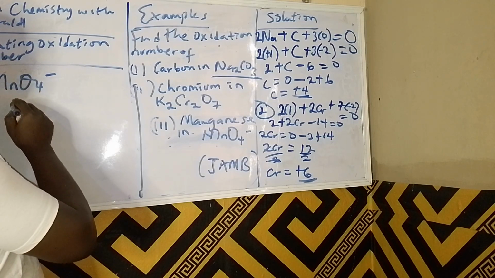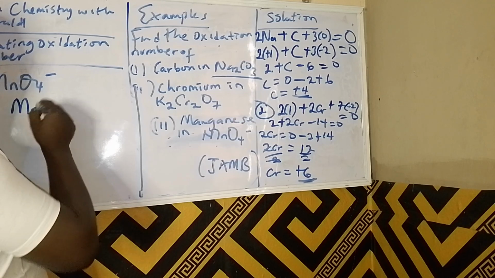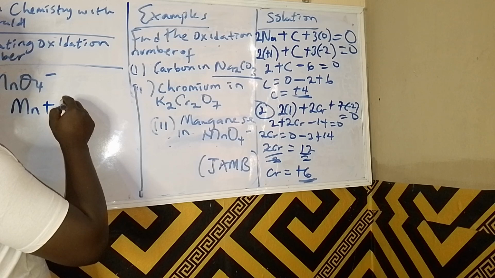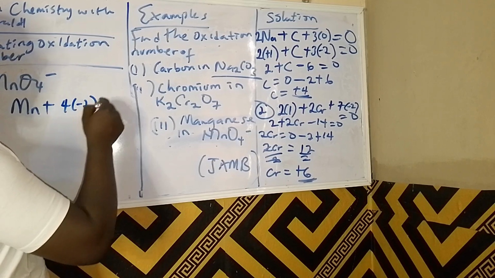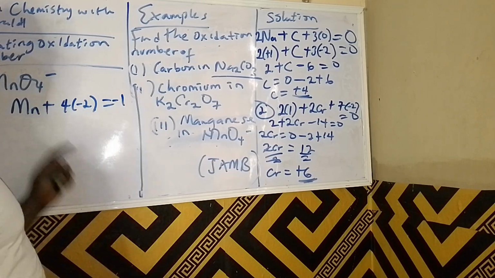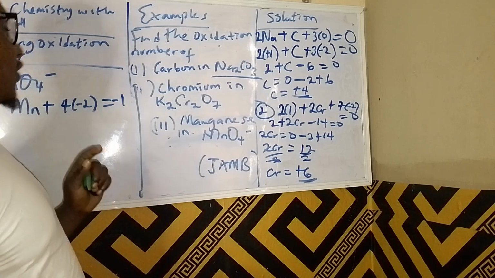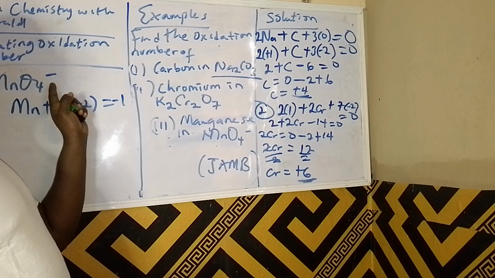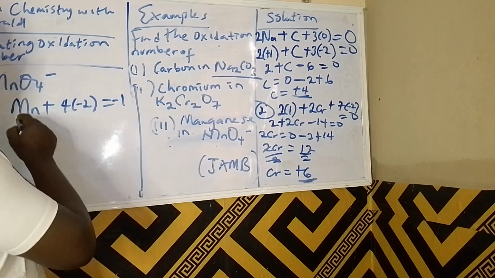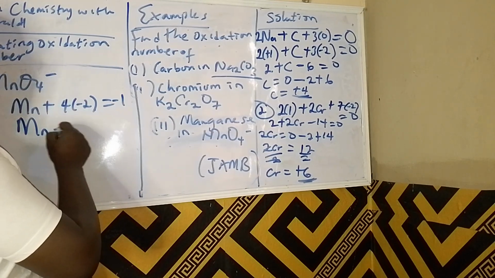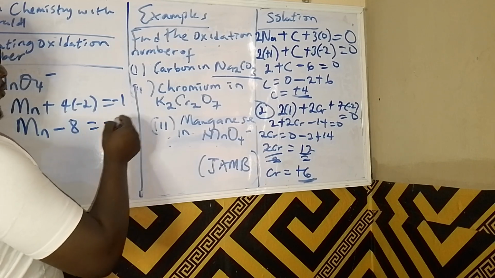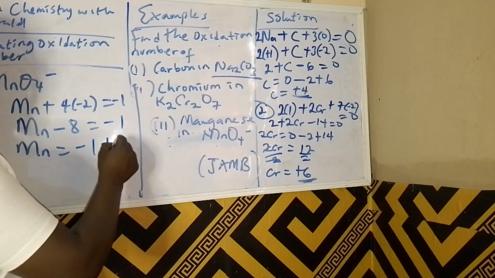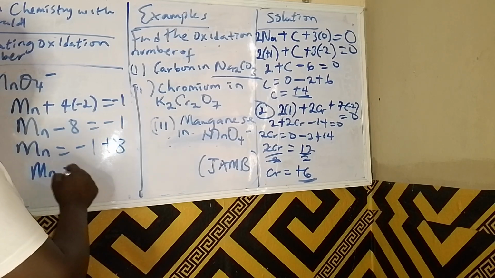So Mn plus 4 in brackets minus 2 is equal to minus 1, because the oxidation number of oxygen is minus 2 and it has 4, so 4 times minus 2, and then the charge it is carrying is minus 1. So you are going to have Mn minus 8 is equal to minus 1. Mn is equal to minus 1 plus 8. Mn is equal to plus 7.